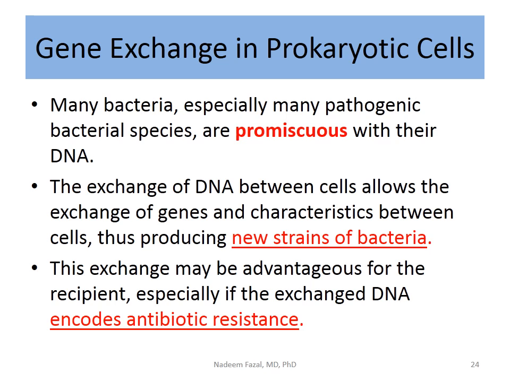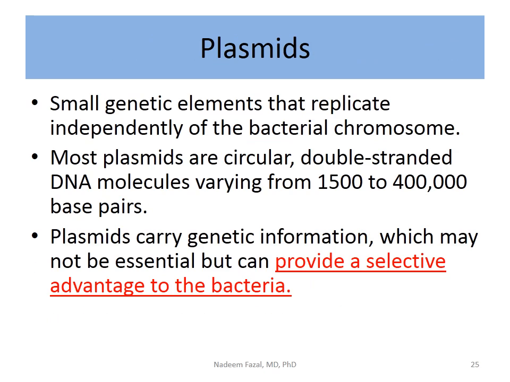In the last few decades, they found out that those little tiny extra-chromosomal pieces of DNA that we call plasmids are double-stranded DNA molecules, and they are circular, with about 1,500 to 500,000 base pairs.